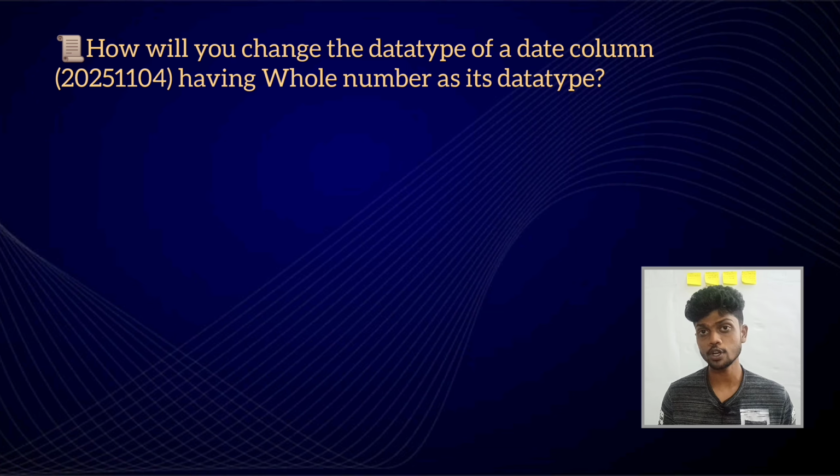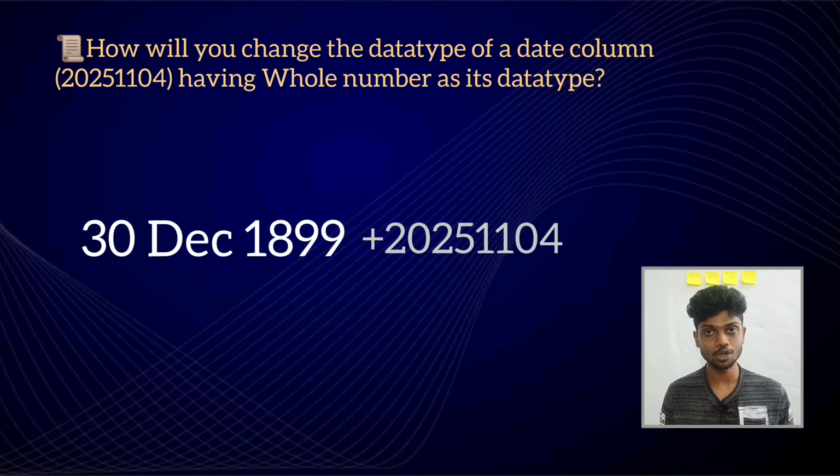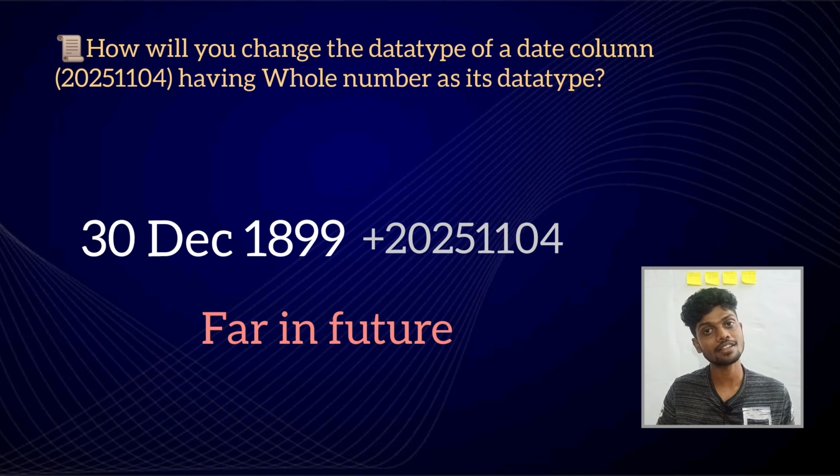That is because when you do that, Power Query thinks of it as a date serial number, which means in Power Query all the dates are stored as days since 30 December 1899. So when you directly change into a date type, Power Query counts 2025-11-04 days after 30 December 1899 and gives us a crazy date which is far in the future.